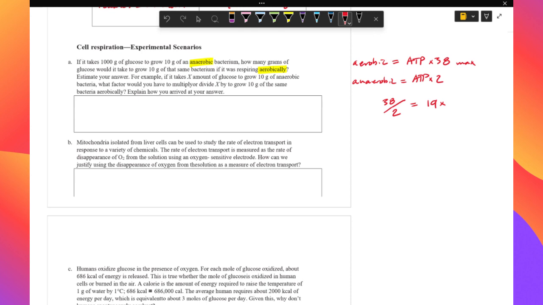So 1,000 grams of glucose, let's do this. 1,000 grams of glucose divided by 19 equals approximately 50 grams of glucose required via aerobic respiration.